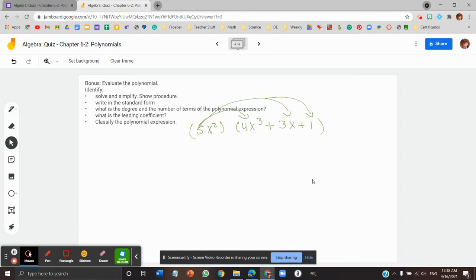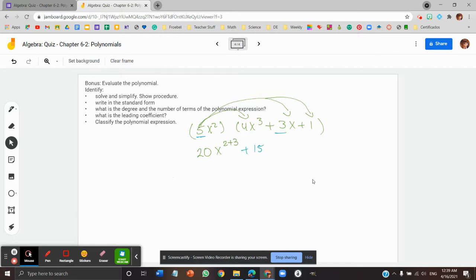So 5 times 4 is 20. X to the second power times x to the third, so third power, right? It's 2 plus 3. 5 times 3, I'll do this again in blue. Let's see, 5 times 3 is 15.